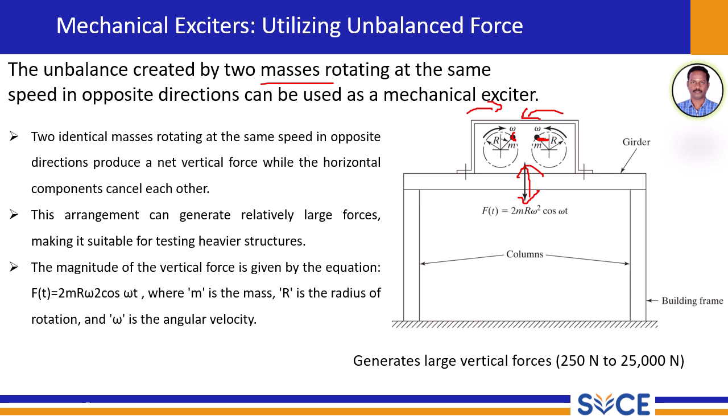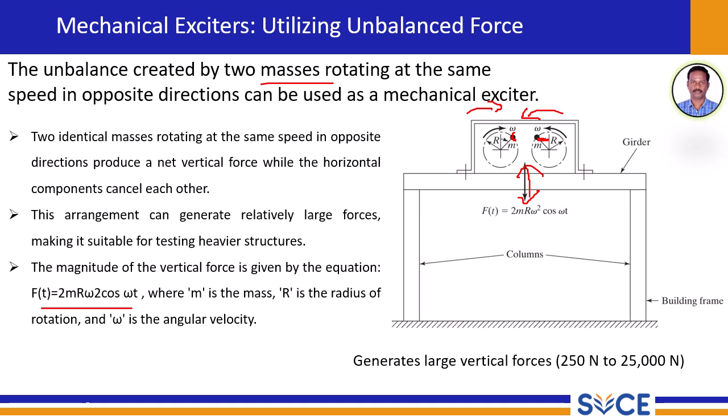The magnitude of this resulting vertical force can be mathematically described by the equation, that is F of t equal to 2 times m times r times omega squared, multiplied by cos omega t. The rotation is in the form of a sine or cosine wave here, with omega being the angular velocity. By adjusting these parameters, we can control the output force.